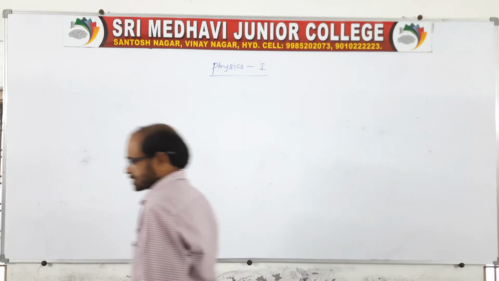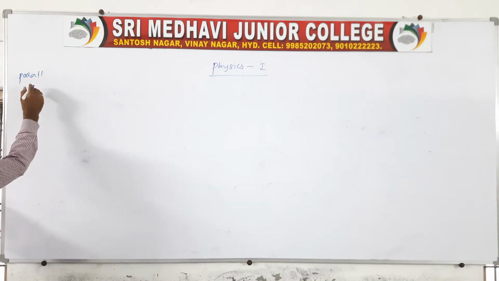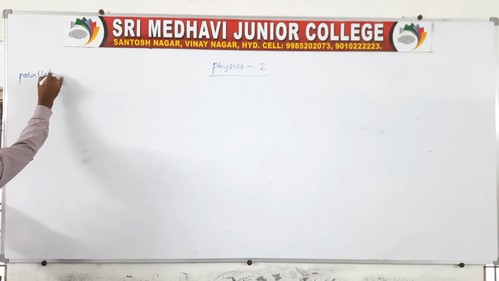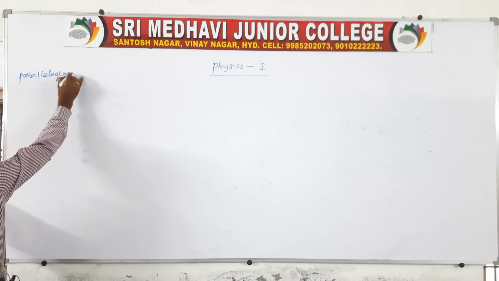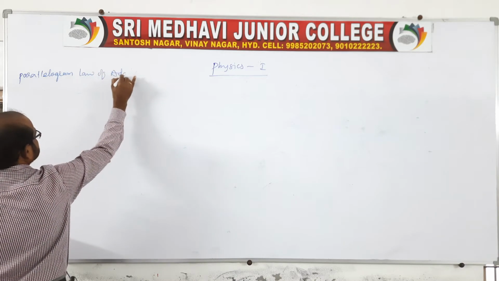Let us move to the next question, which is very important in the final examination, because they will ask you a 4 marks question, that is the parallelogram law of addition of vectors.